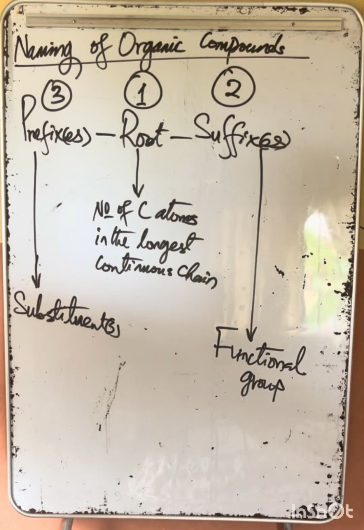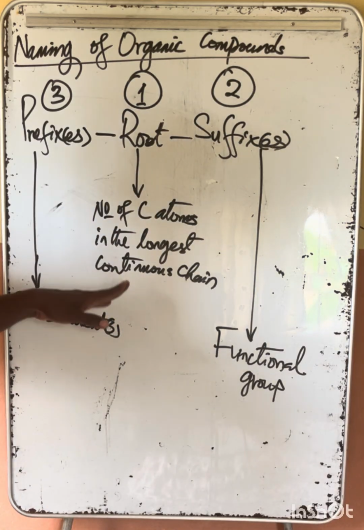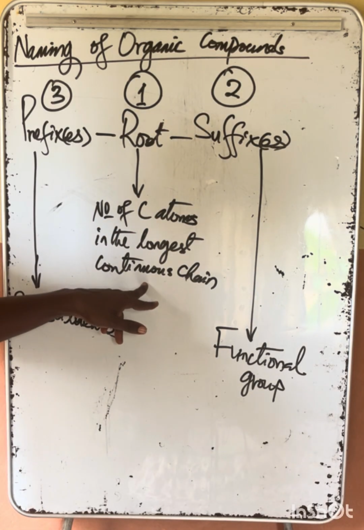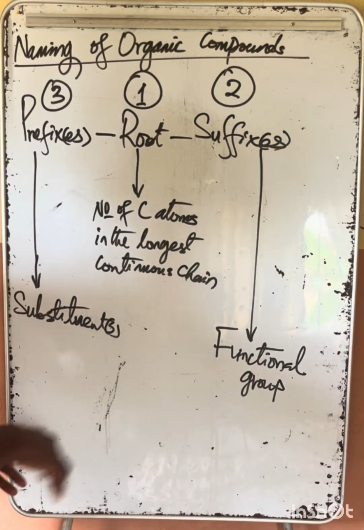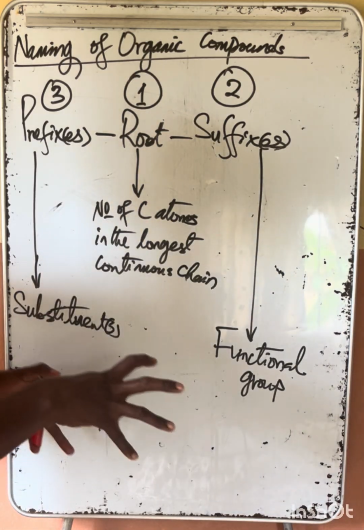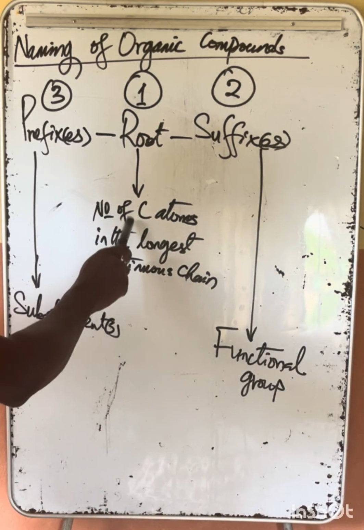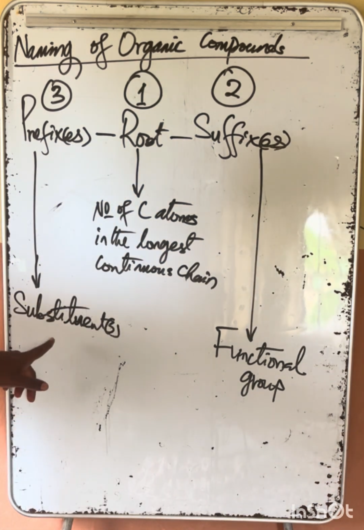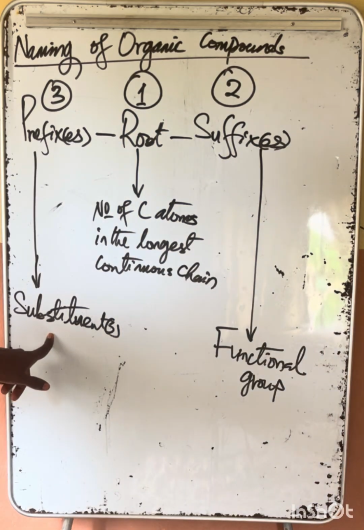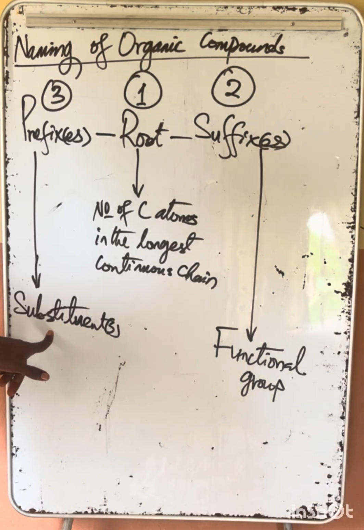The longest continuous chain is any route that you take in the skeleton, in the arrangement of an organic compound, that has the highest number of carbon atoms. Substituents, just like in math when you say substitute x equals 1, are atoms or groups of atoms that take the natural place of hydrogen in organic compounds, including hydrocarbons.